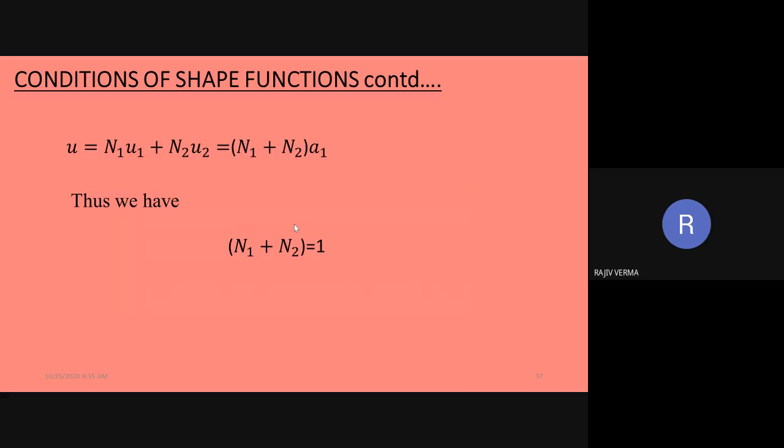So obviously this means that at any point within the element, the summation of all the shape functions should come out to be equal to 1. And if this is coming out to be 1, it basically means that the mathematical polynomial which you have chosen allows for a rigid body transformation.